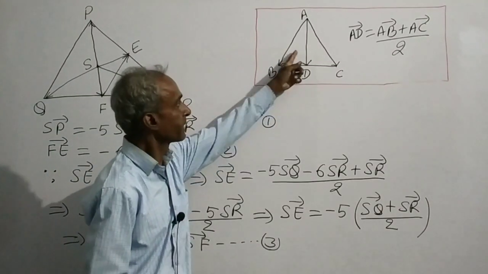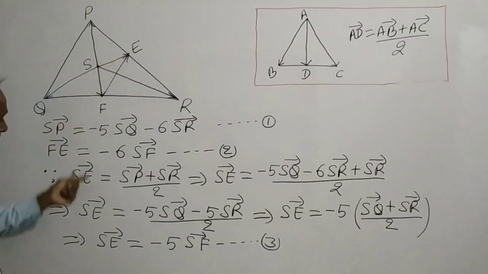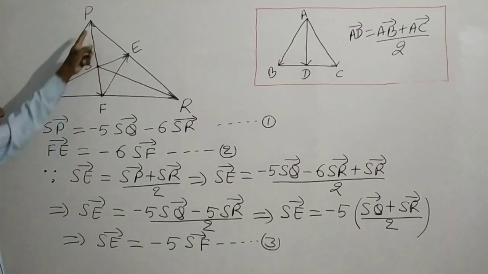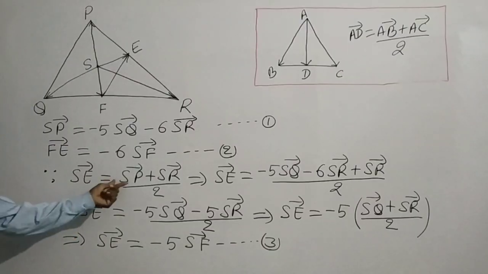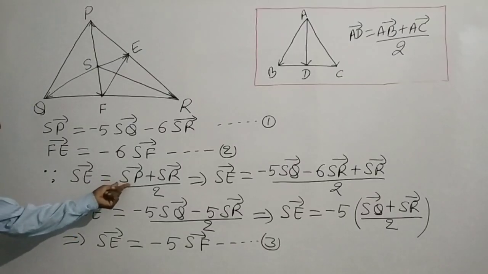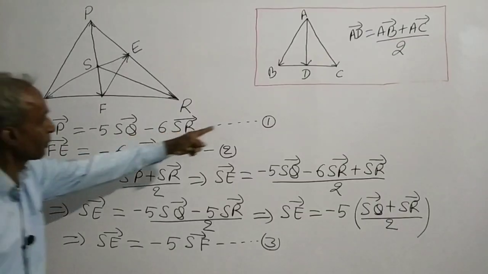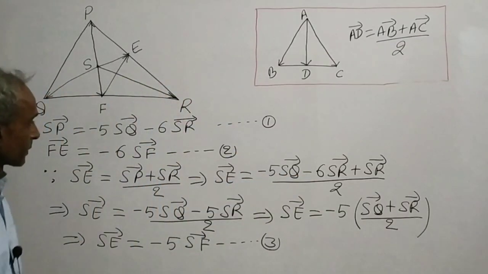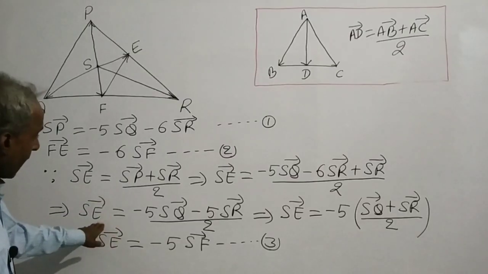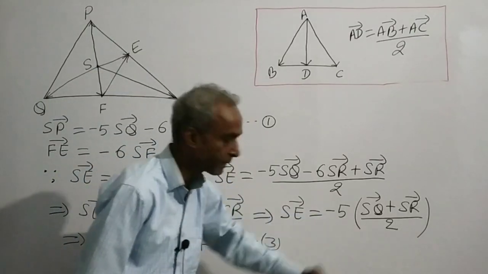By using this section formula, vector SE is equal to (vector SP plus vector SR) by 2. Now, in place of vector SP, we write this value from 1 here. Then, after simplification, we get vector SE is equal to this.